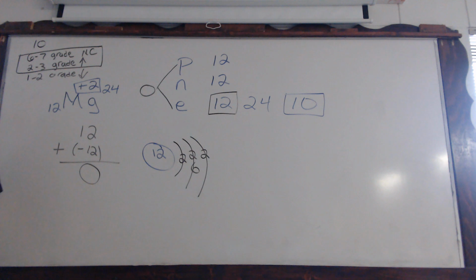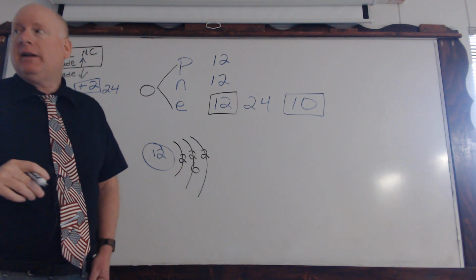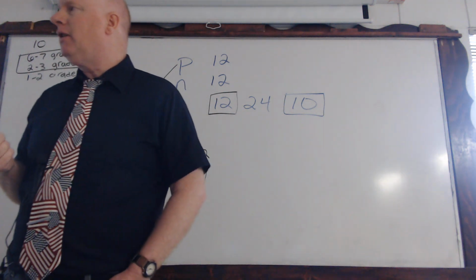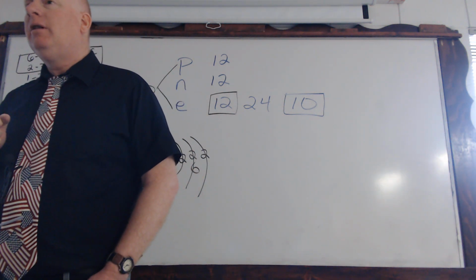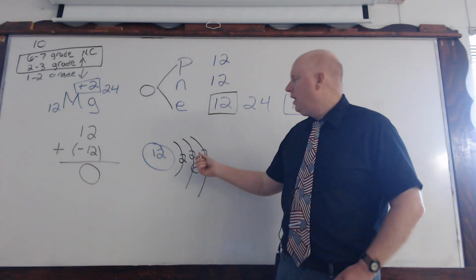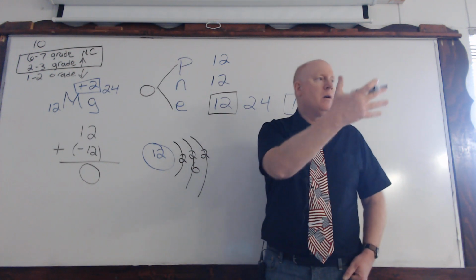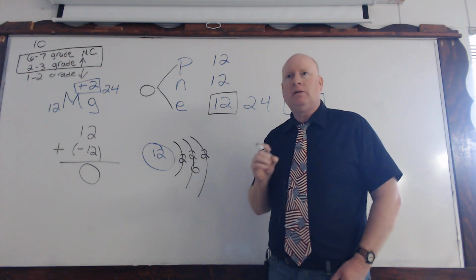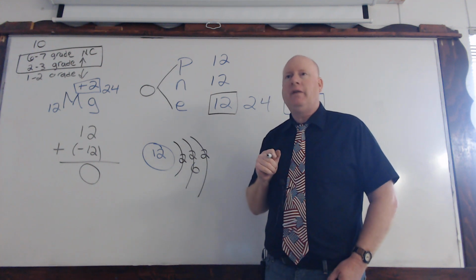But back to our original question. We said, what if we wanted that for a charge? Because we put that in a box. That must mean that how many valence electrons does magnesium have? And besides looking at this, how else could you convey that information to somebody else that it has 2 valence electrons?